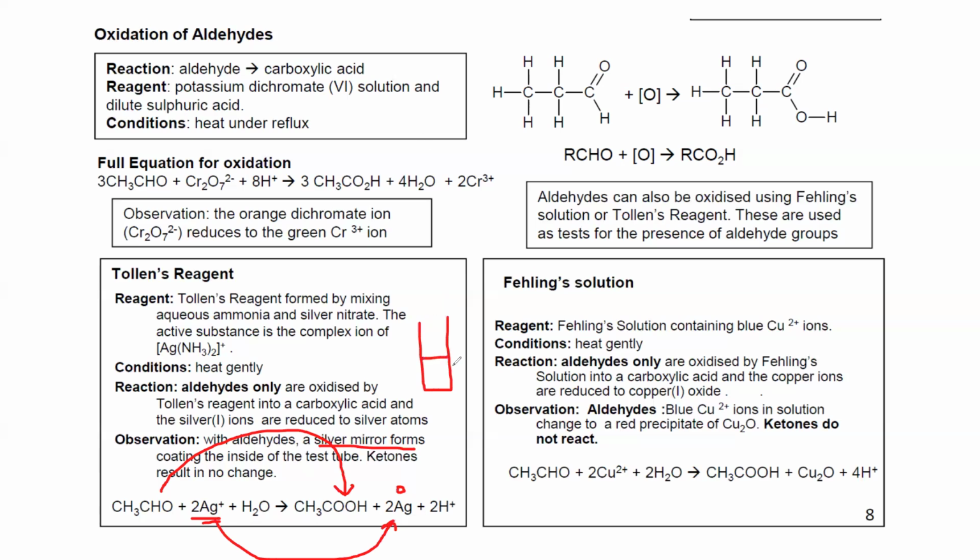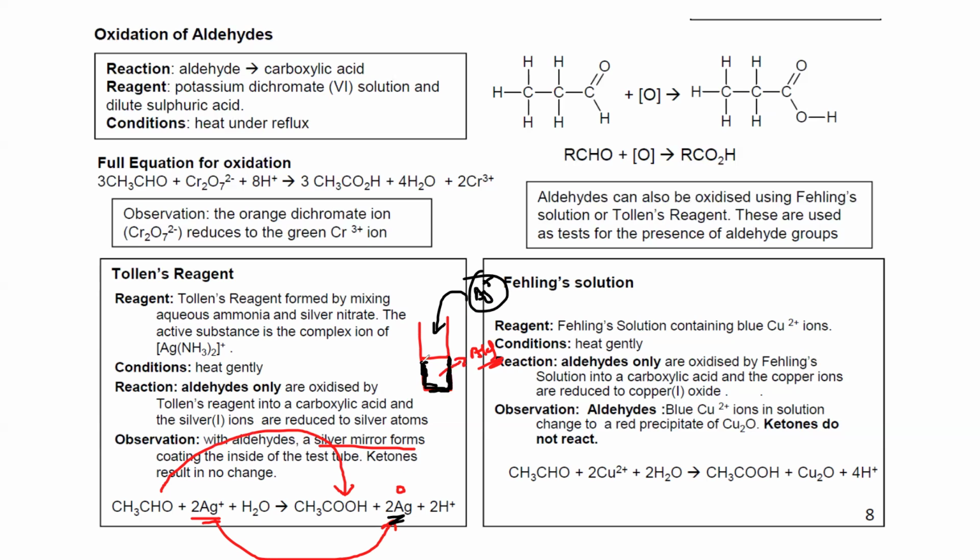Say we have a solution which contains an aldehyde, but we don't know whether it's an aldehyde or a ketone. We want to test it. If it was an aldehyde and we add Tollens' reagent, which is aqueous ammonia and silver nitrate, mainly containing silver ion, the silver ion will be reduced to silver atoms, and those silver atoms will stick to the wall of the test tube, so the wall will have a silver layer.